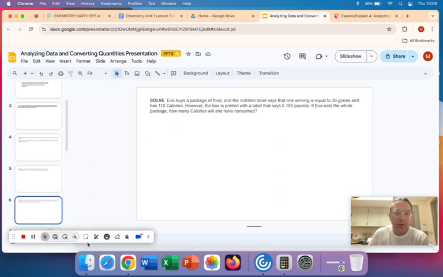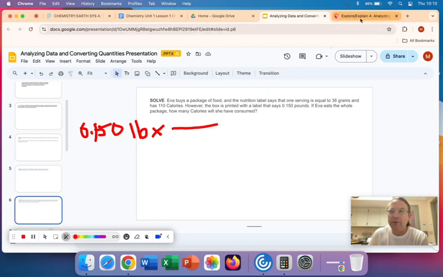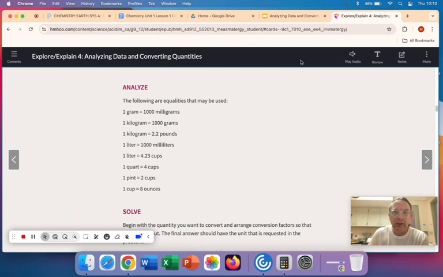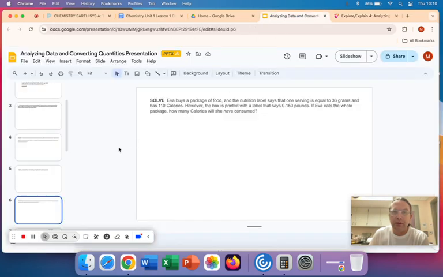So 0.150 pounds, pound is LB, times 2.2 kilograms per pound. So let's figure that out.